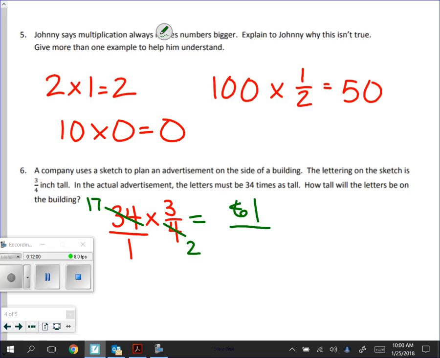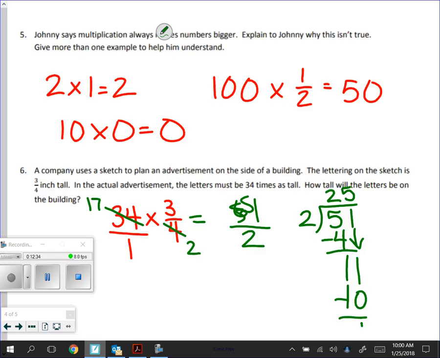That's fine. Let's see. So that's 51 over 2. I still have to divide it, but it's not quite as easy. I know.